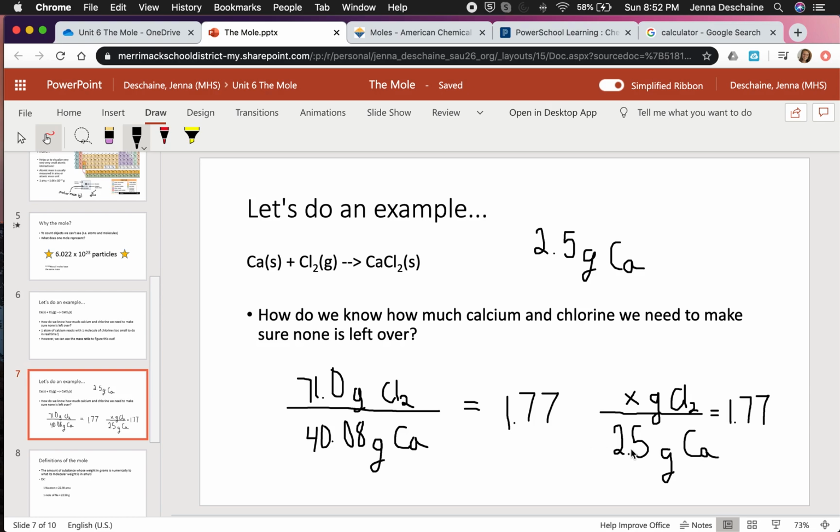So all I have to do is kind of plug the numbers I have into this kind of general equation to see what I get. So I only gave you 2.5 grams and the ratio is 1.77. So now you need to tell me how many grams of chlorine you would need. And if we just do some basic algebra, multiply both sides by 2.5. Let's see if I can do this.